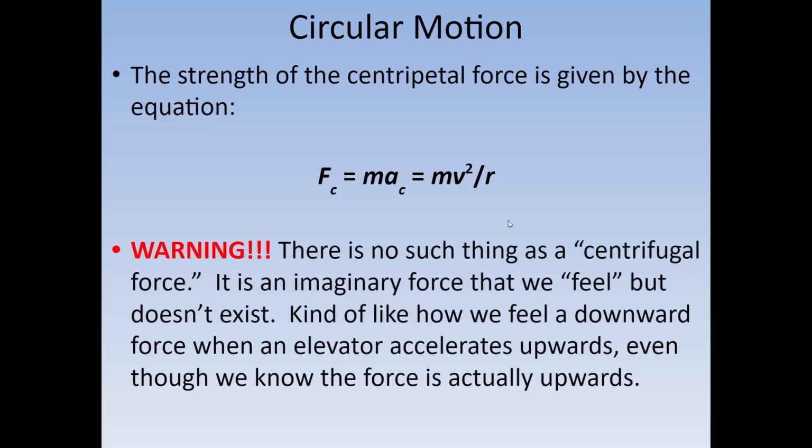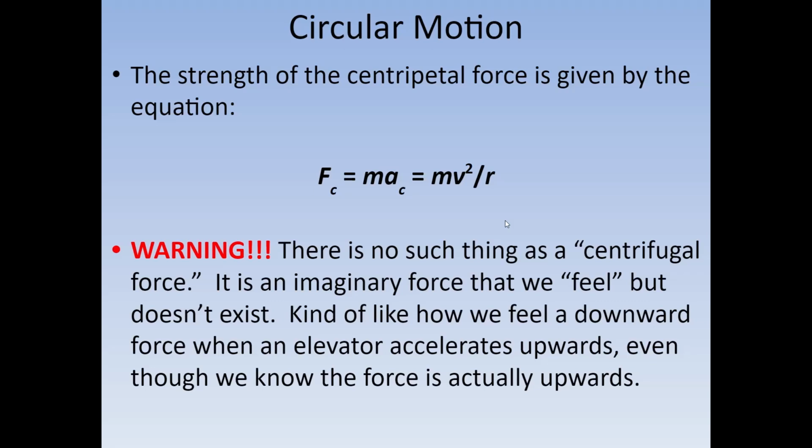That's it. Now, one thing I want to point out is there's no such thing as the centrifugal force. When you spin objects in a circle, they seem like they want to be pushed outwards, and a lot of people believe there's a centrifugal force pulling outwards, but that's not actually what's happening. It really is just the object trying to continue its Newtonian forward motion.